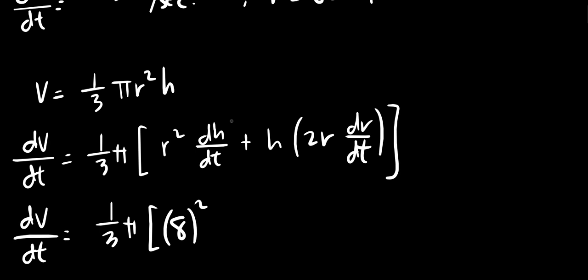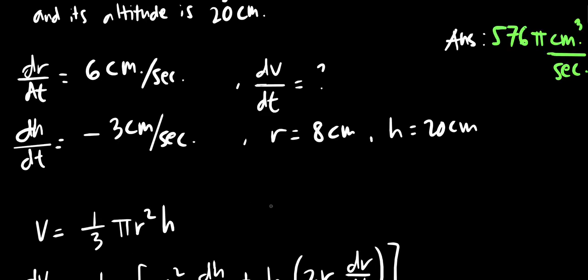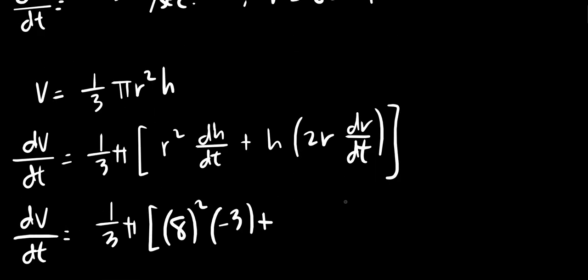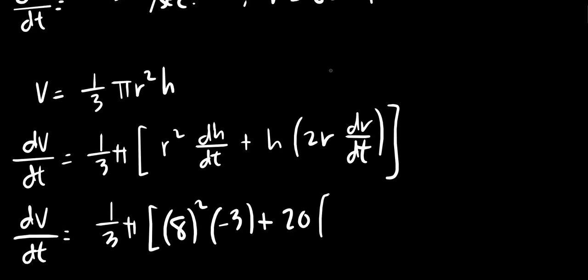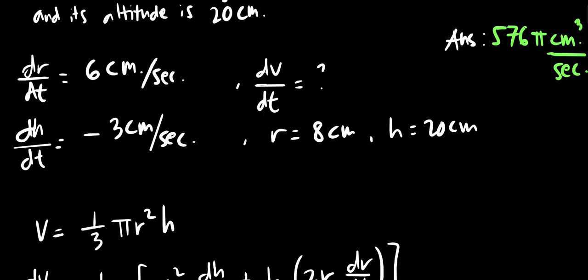Plus, h is equal to 20 centimeters. So 20 multiplied by 2r. So 2r is equal to 8 times 2. So dr over dt is just equal to 6.